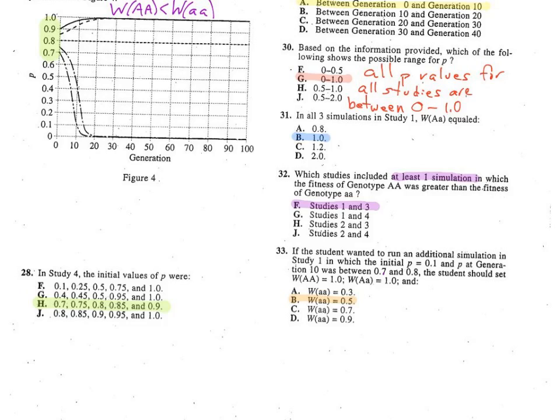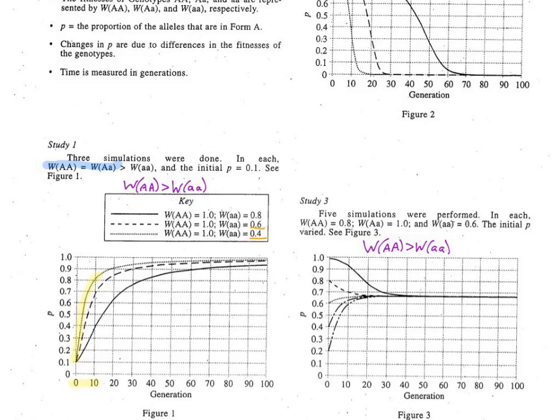Question 32 is asking us to find in which of the 4 studies there was at least one simulation where big A was larger than little a. So to answer this question, we're going to have to go back to each of the studies. In study 1, I noticed that big A was greater than little a.